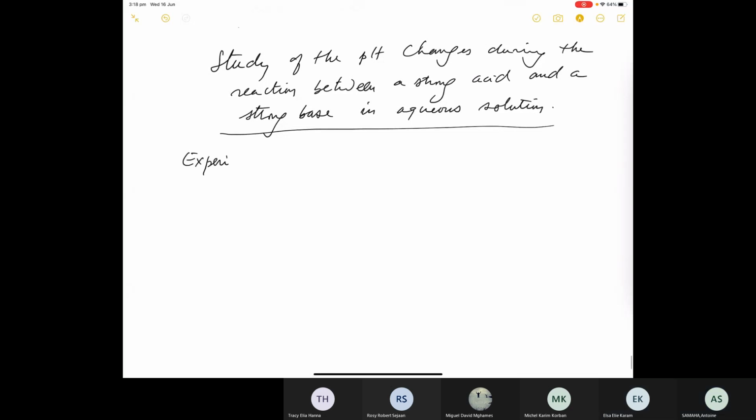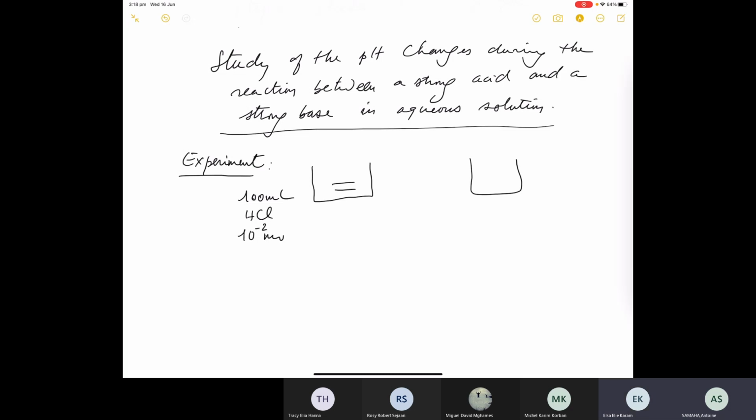Experiment. We have 2 beakers, one containing 100 milliliters HCl, 10 negative 2 mole per liter.